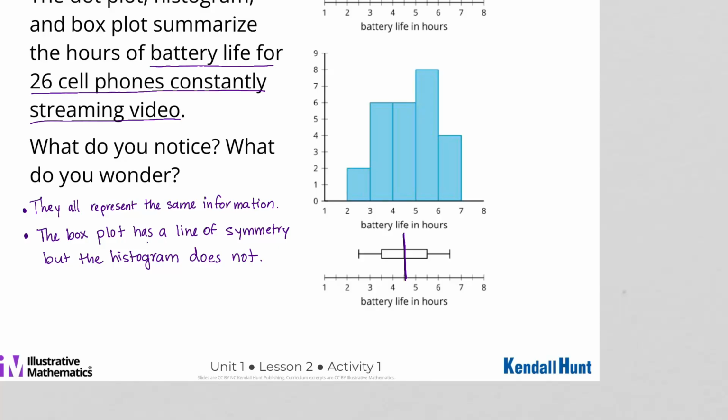We can see that the shape of the distribution is going to be pretty much symmetrical, similar to that bell-shaped curve.